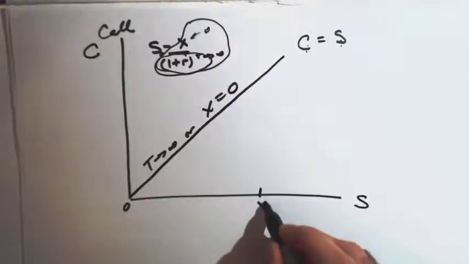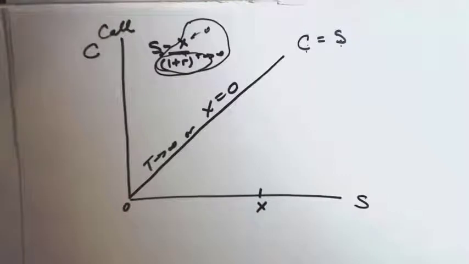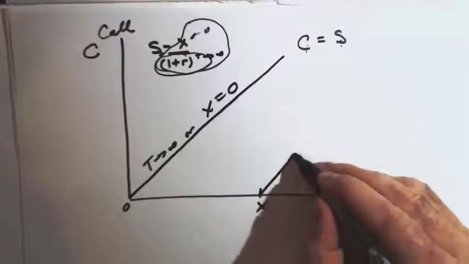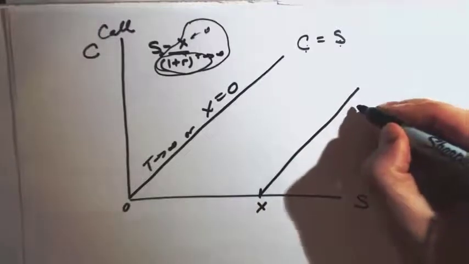Now we know the strike price, so let's put an X somewhere on this graph. And so there's the strike price. Let's look at the payoff for an American option.